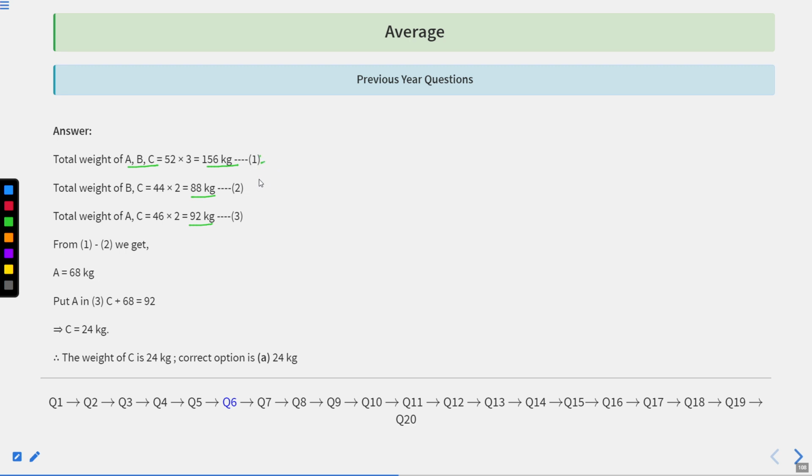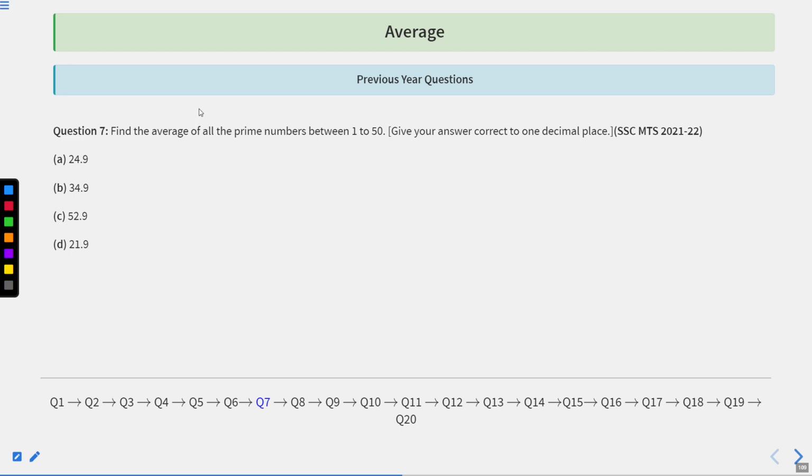Name them as equation 1, equation 2, and equation 3. When you take equation 1 minus equation 2, you get A equal to 68 kgs. And if you substitute the value of A in equation number 3, you will get C plus 68 equal to 92, that is C equal to 24 kgs. So the correct weight of C is 24 kg, that is option number A.